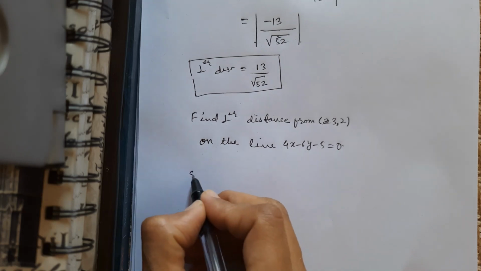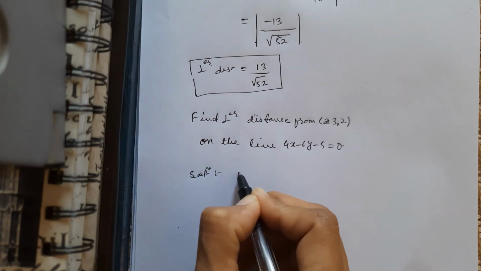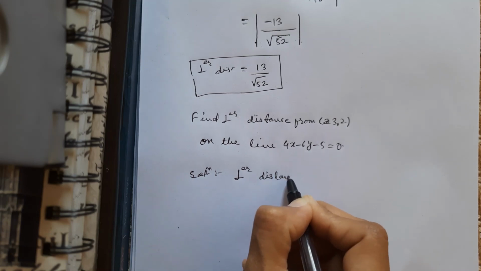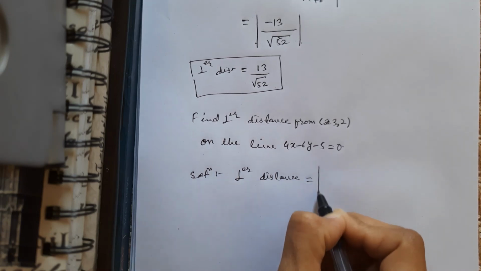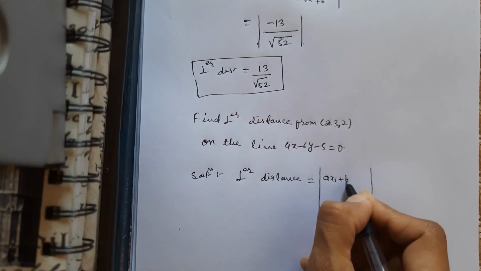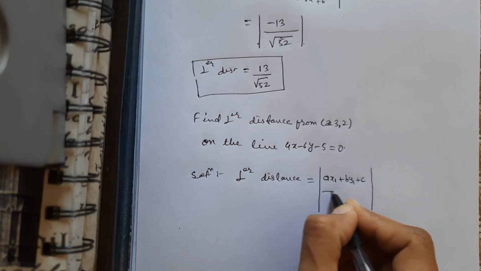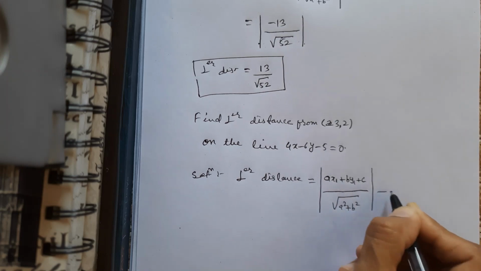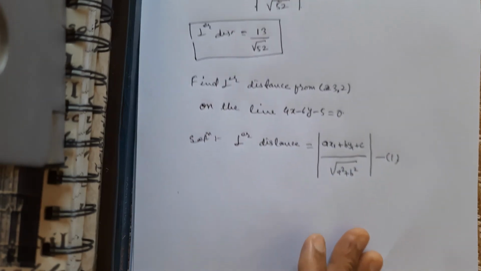So for the solution, I am writing that the perpendicular distance is given by mod of ax1 plus by1 plus c upon root a square plus b square. Let that be equation 1.